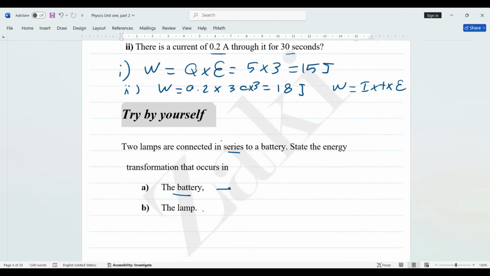In the lamp, from electrical to heat and light. Next part.